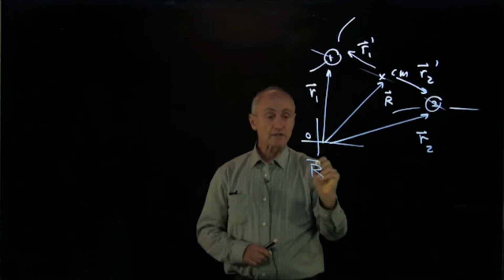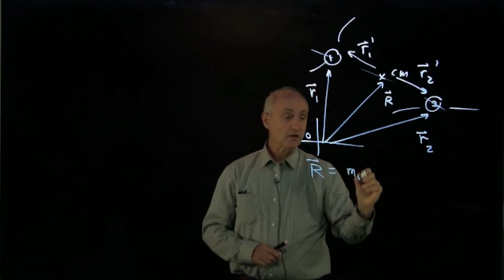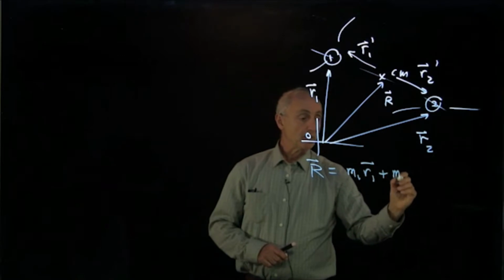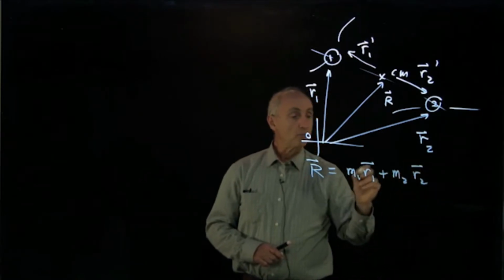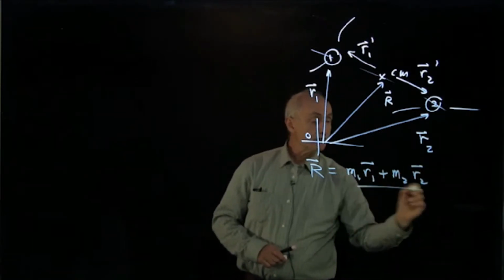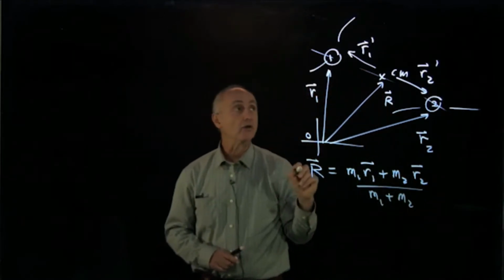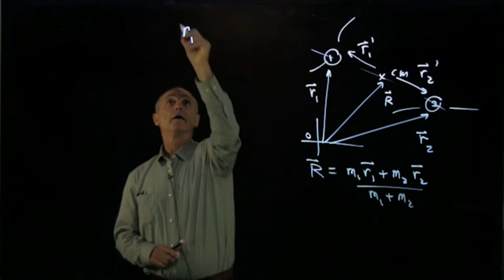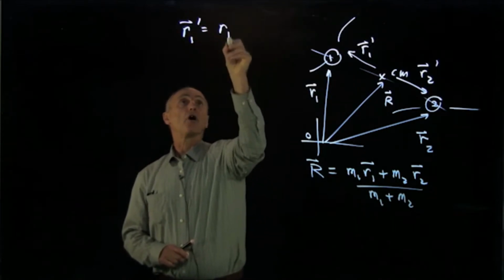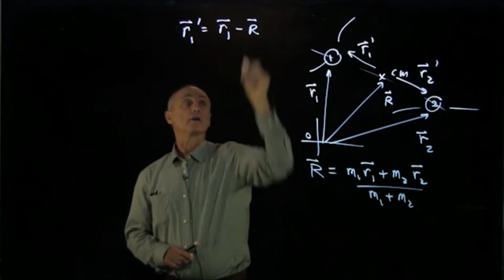Now, recall that the position of the center of mass for this two-body problem is given by m1 R1 plus m2 R2 divided by the total mass. And here we use the vector triangle that R1 prime equals R1 minus R center of mass.